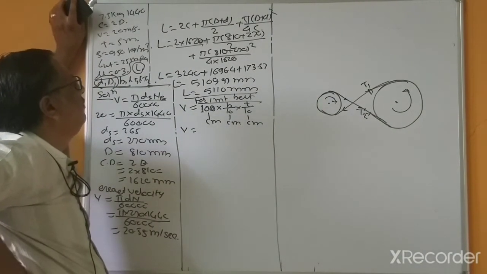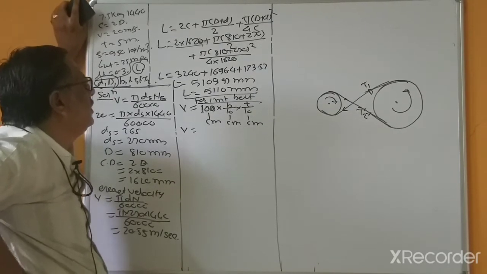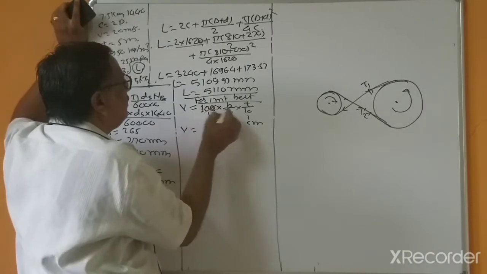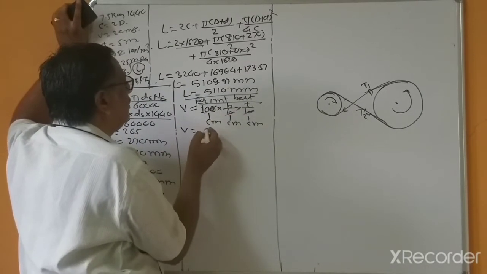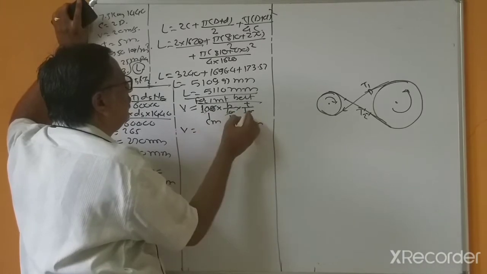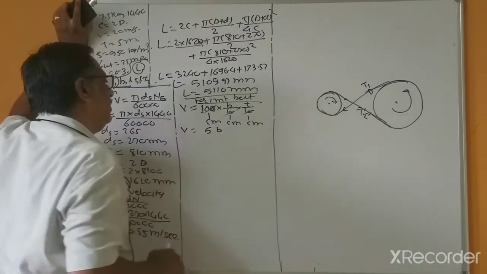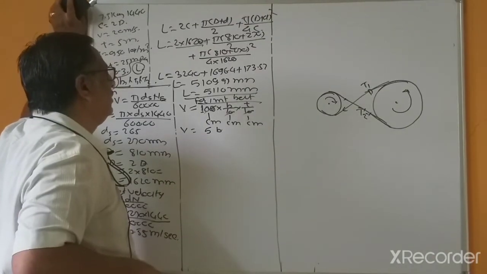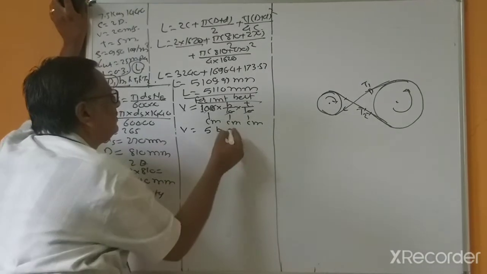That is given in the problem. This will get cancelled, and volume equal to 5B. Now this is in centimeter cube.